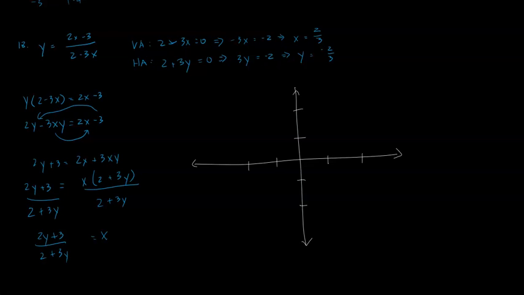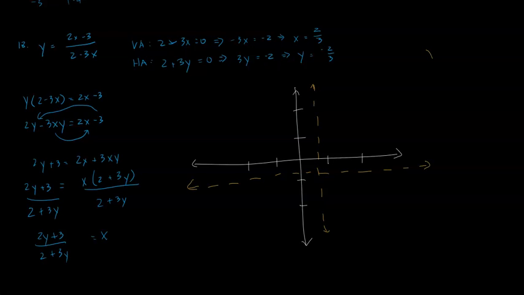Okay, so 2/3 is 0.67, so that's going to be 0.67 right here. And then negative 0.67.